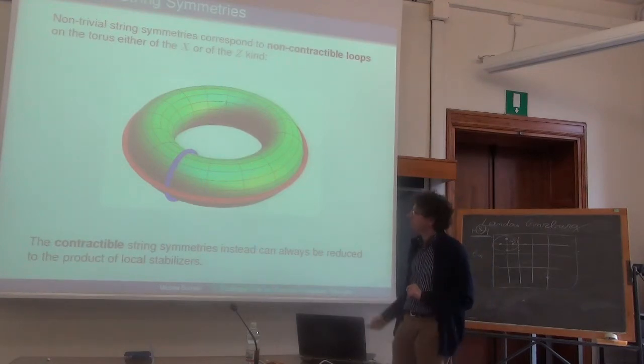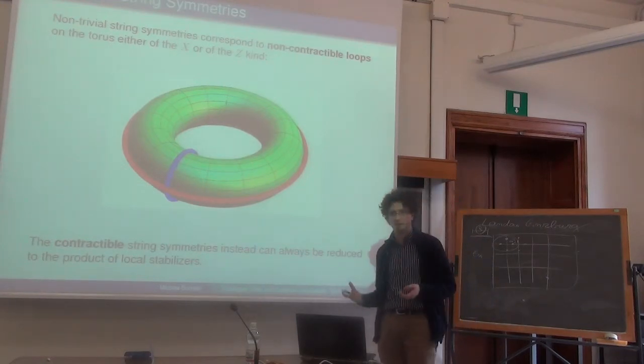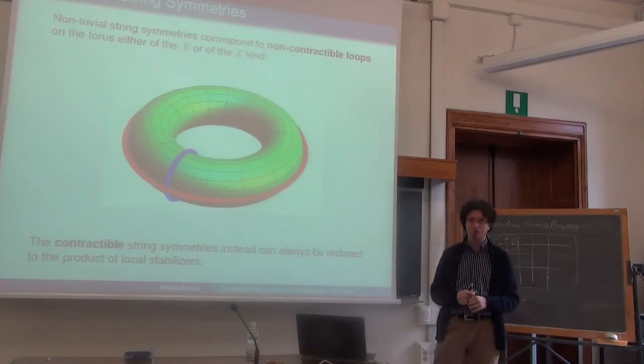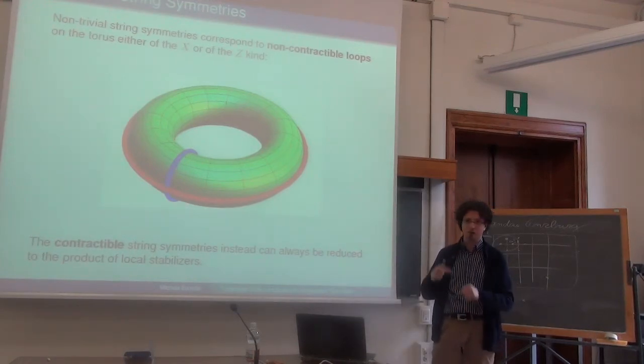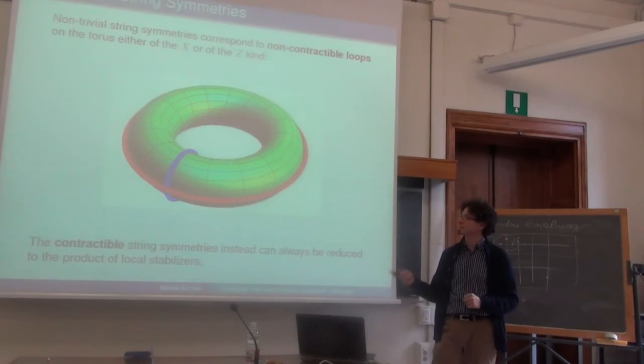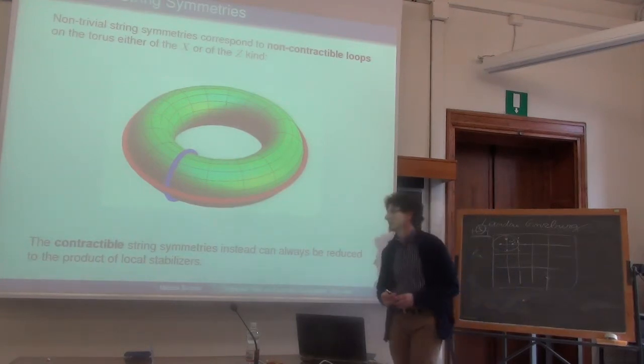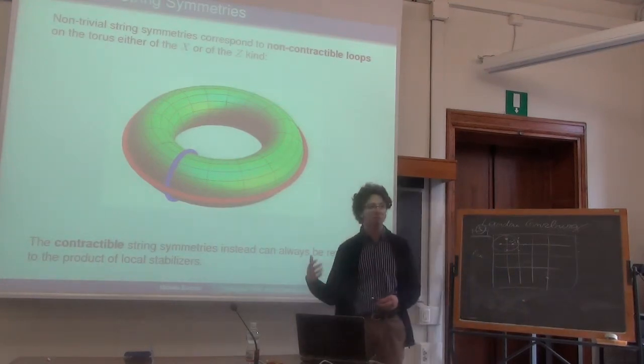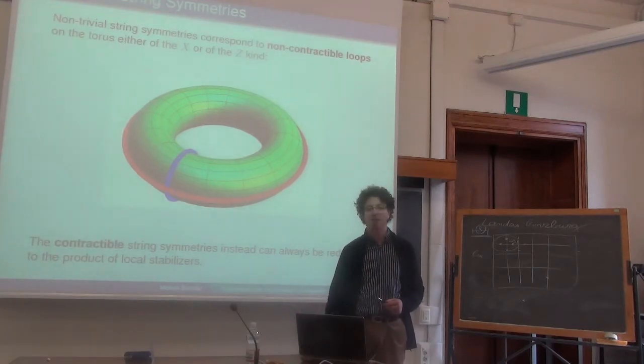And so I have to distinguish strings that are defined by contractible loops, that essentially are trivial and are always equal to 1, and strings which instead are non-contractible and they constitute non-trivial symmetries for the system.